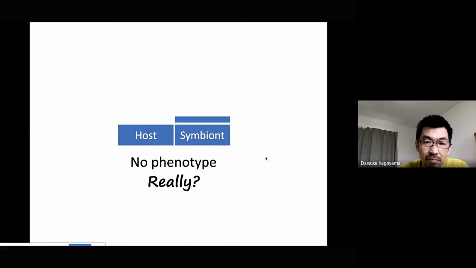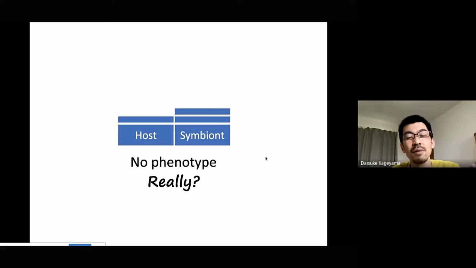Really, you can look back: the symbiont may have acquired a killing or other phenotype, and the host may have acquired a suppressor against it. And after that, the symbiont may have another phenotype, and the host may have suppressors again.